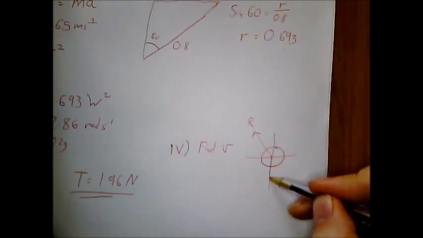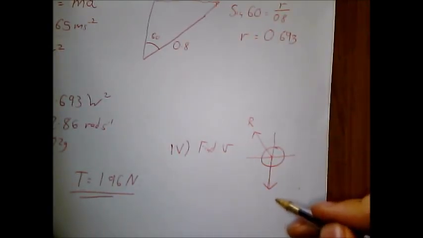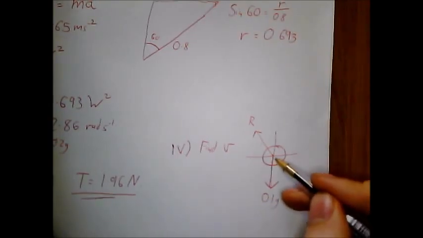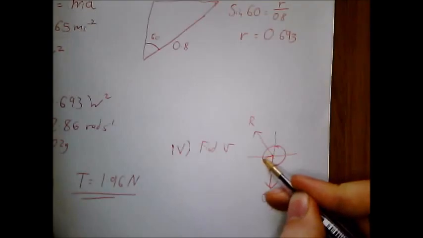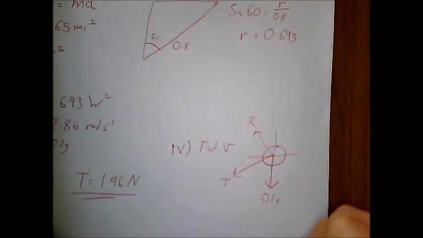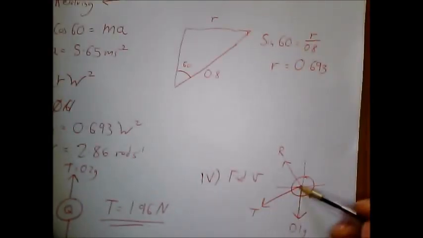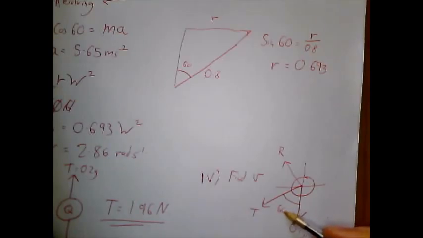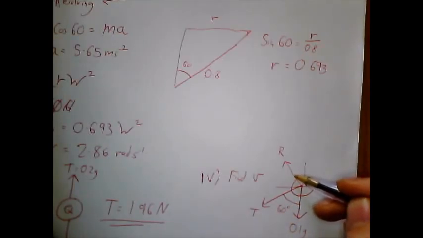I have my weight, 0.1 g. And then I have my tension, which is acting parallel to the surface of the cone, so I know that this has to be 60 degrees, and I knew earlier that this was 60 degrees.